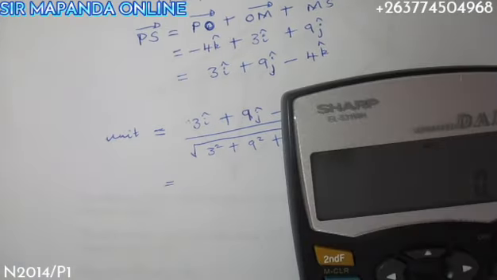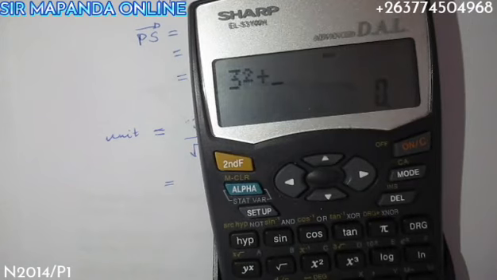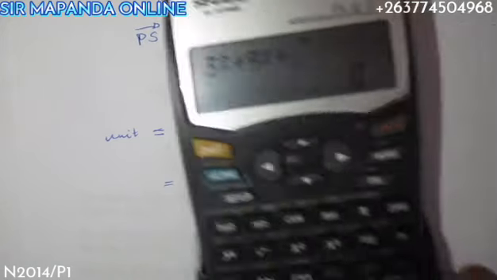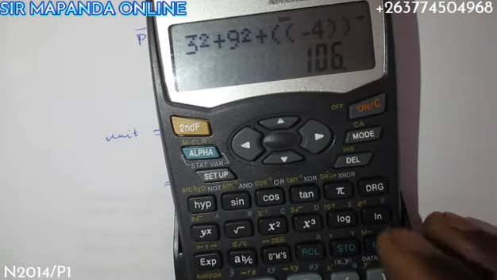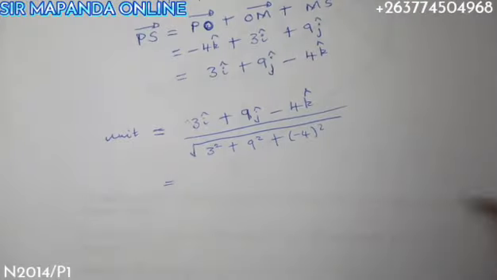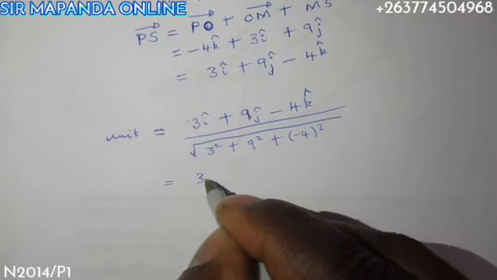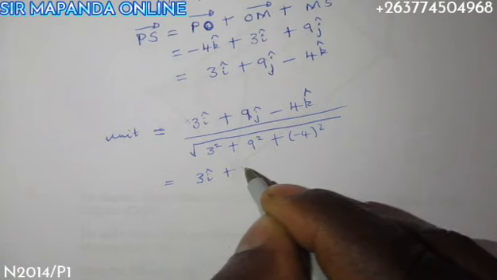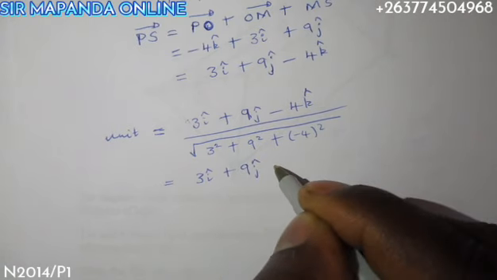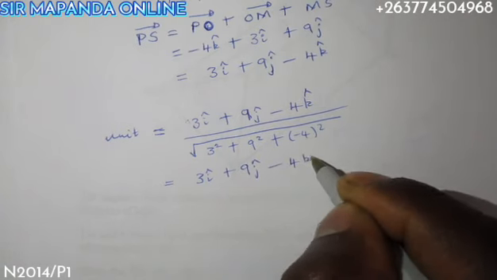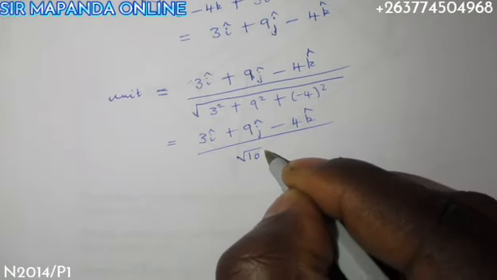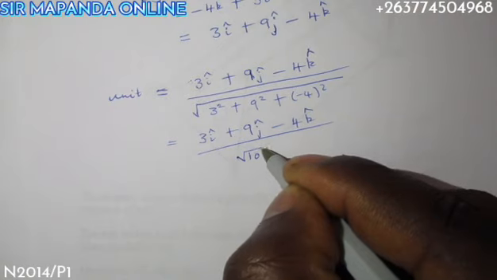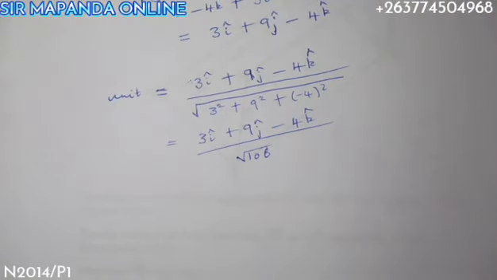So 3 squared plus 9 squared plus minus 4 squared, you get 106. So this is 3i plus 9j minus 4k divided by the square root of 106. I hope you are following.